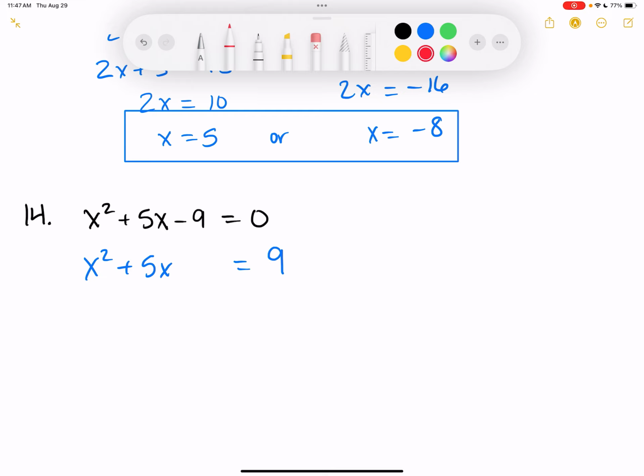Then to complete the square, I'm trying to find the term that will give me a perfect square trinomial. So I add a box over here, but what I do to one side, I have to do to the other. So I put a box over here. What's the catchphrase for completing the square? Starts with half.